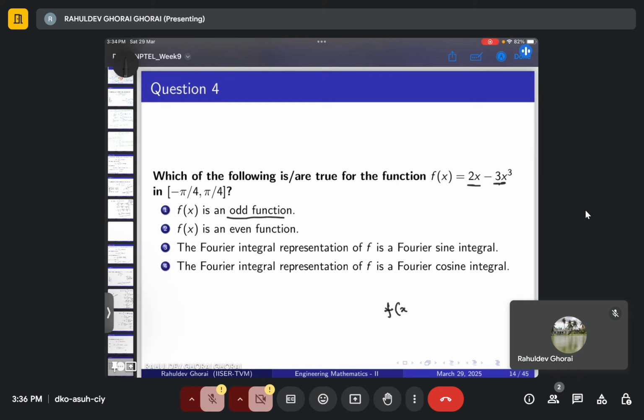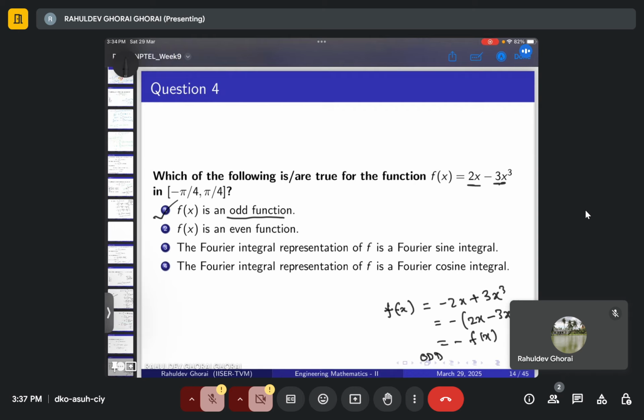To check, we start with f of minus x, that will be minus 2x plus 3x cube, which will be negative. If you take the minus sign common, it's exactly the same as the function f(x), so it is an odd function, right? That's the definition of an odd function. And once a function is odd, it cannot be even, unless it is the zero function. You can check it.